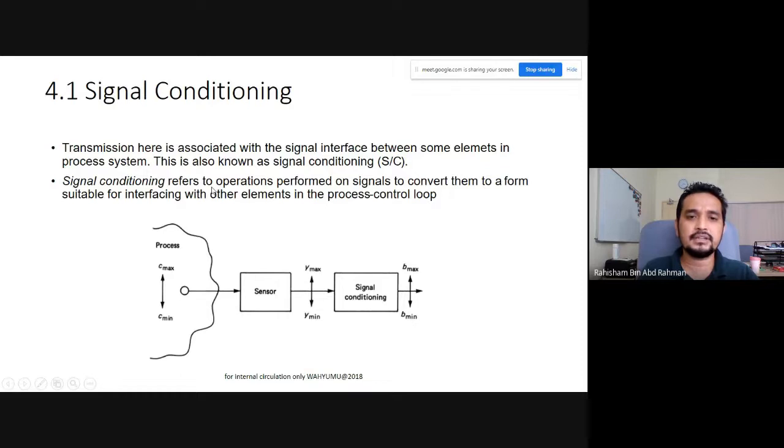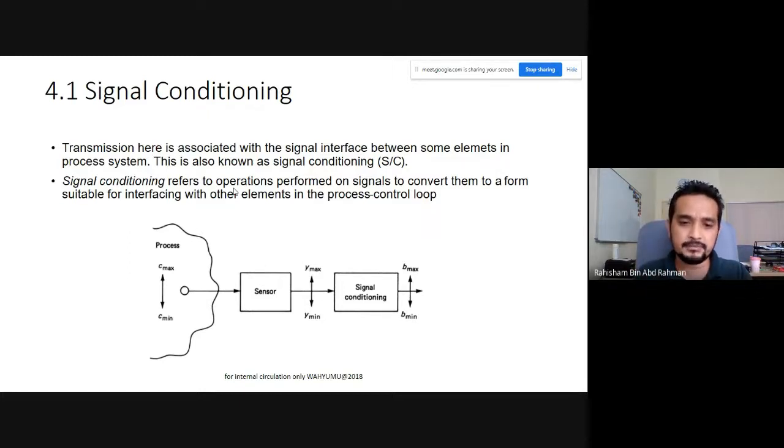Signal conditioning refers to operations performed on signals to convert them to a form suitable for interfacing between one element and another within the control room, within the process control loop.